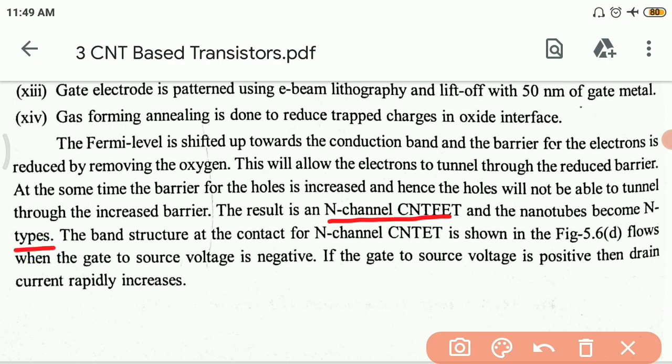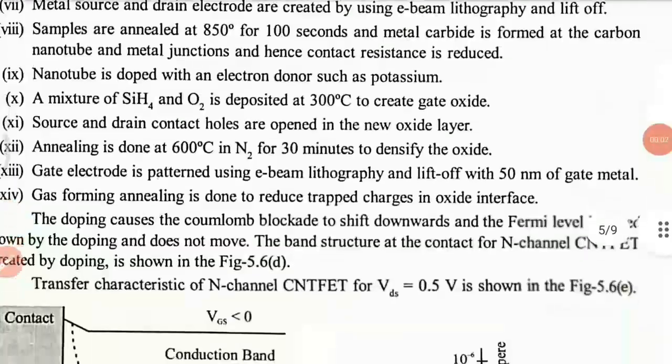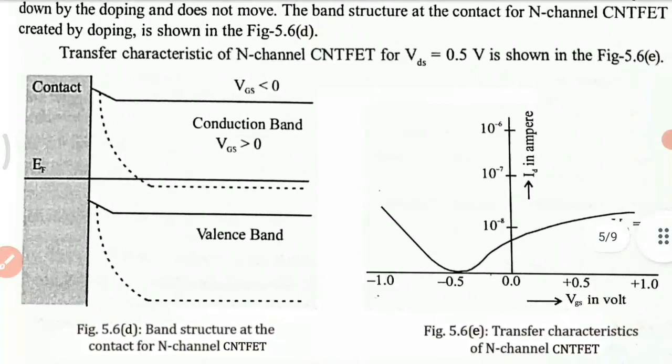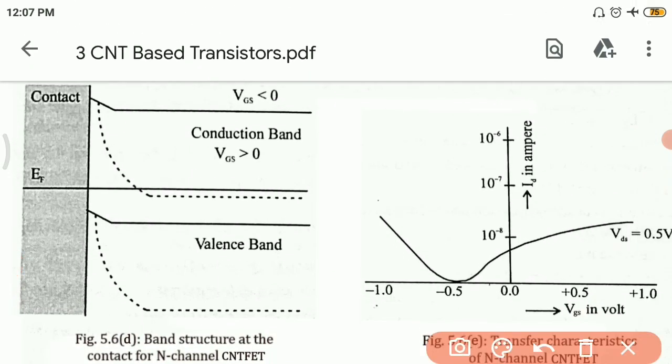So the band structure at the contact for the n channel CNT FET is shown in the figure. Let us go to the figure, the left side, which is the band structure at the contact of the n channel CNT FET. This is the Fermi energy level, this is the valence band at the bottom, and at the top we have the conduction band.